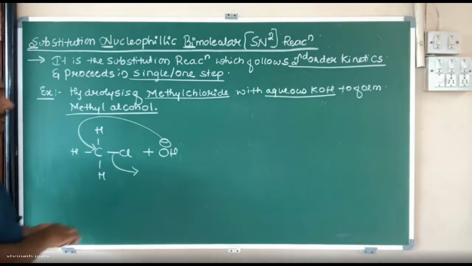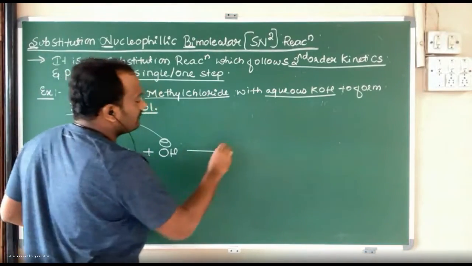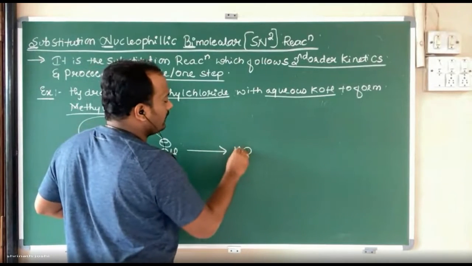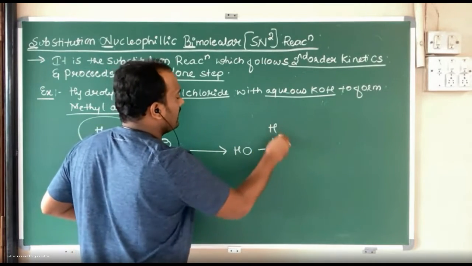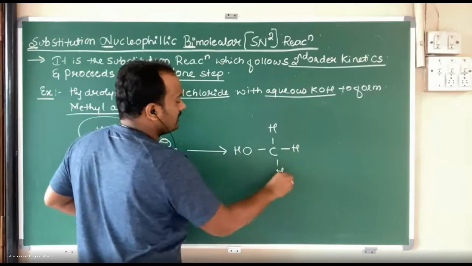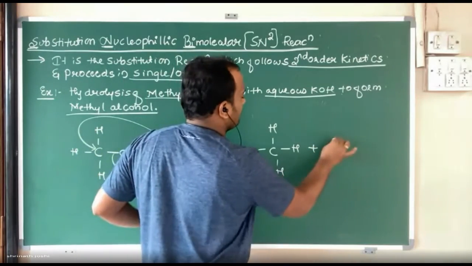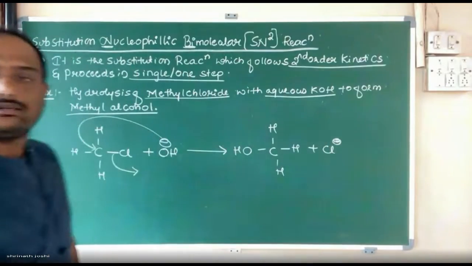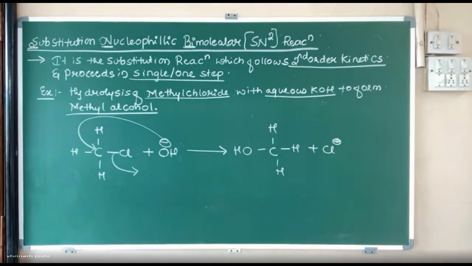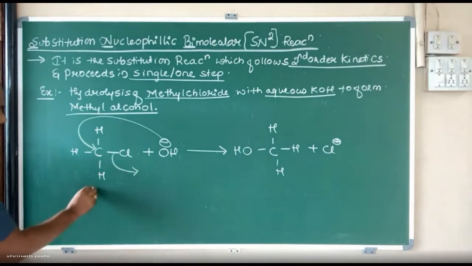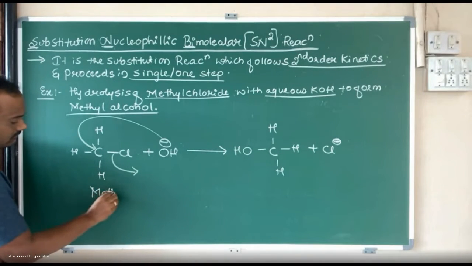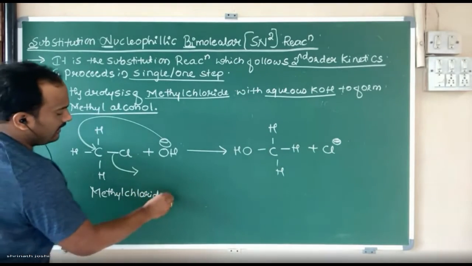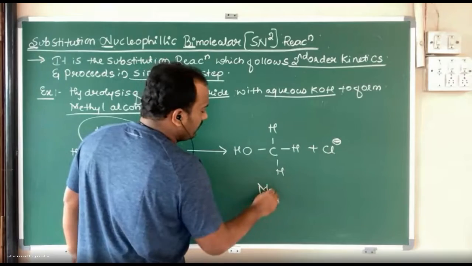So the product you are going to get, now OH minus is on the back, therefore I write here OH, C, H, H and H plus Cl minus. Is this correct? This is called methyl chloride, and this is called methyl alcohol.